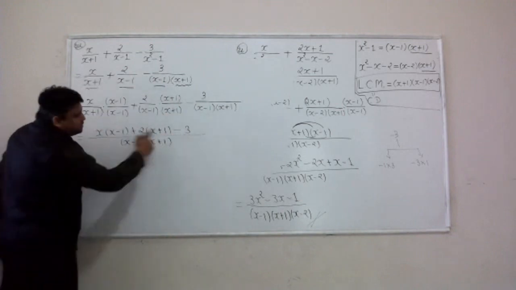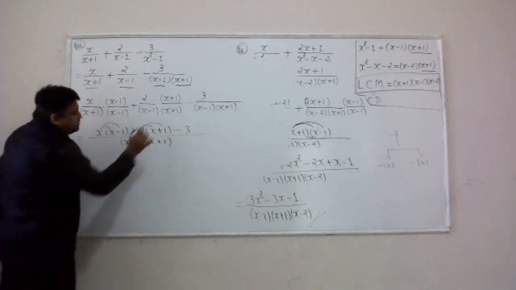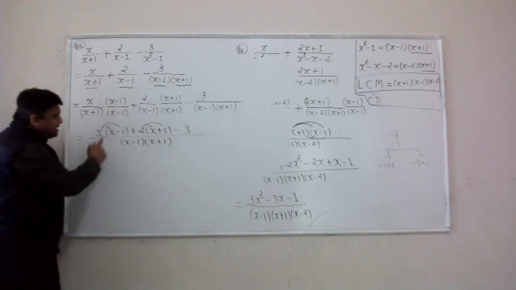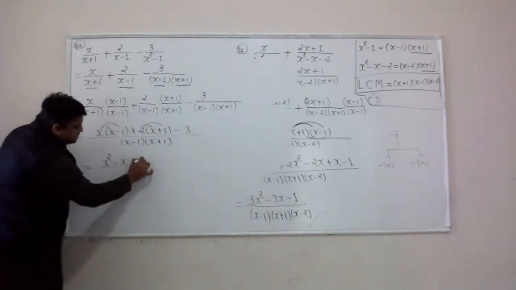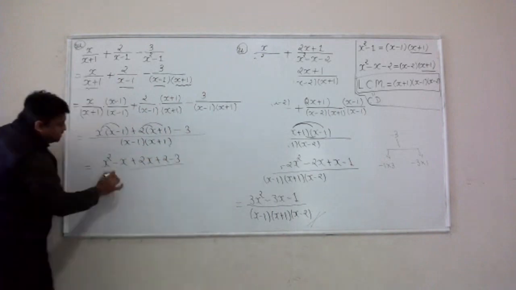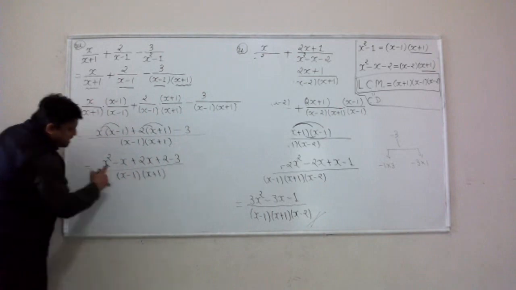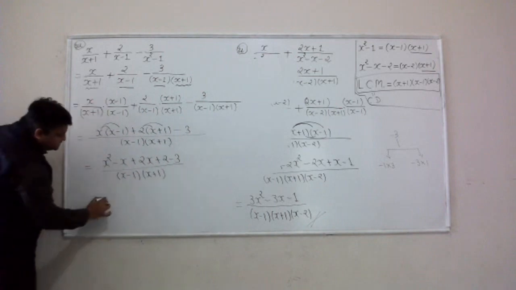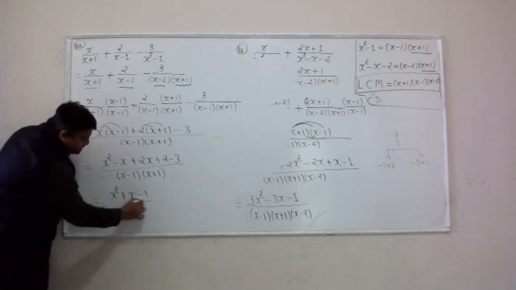In order to perform these two operations, I will have to use the distributive property here. Let's do that. We get x squared minus x plus 2x plus 2 minus 3, over x minus 1 times x plus 1. If you simplify like terms, you get x squared plus x minus 1.